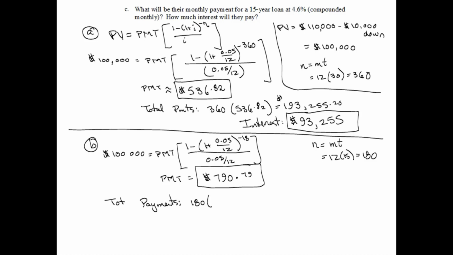In other words, the total money that we spent in payments, 180 times that 790.79, is $142,342 and 20 cents.